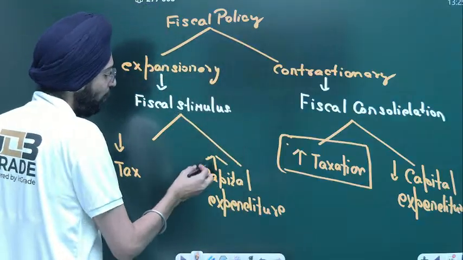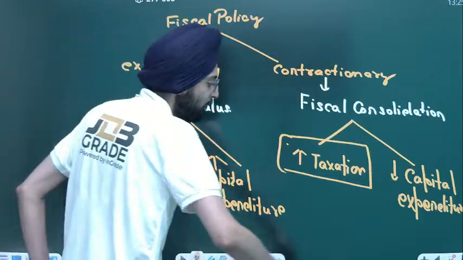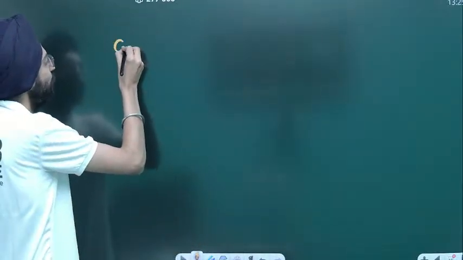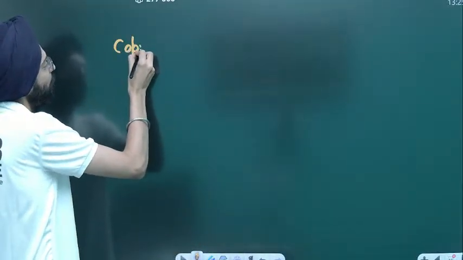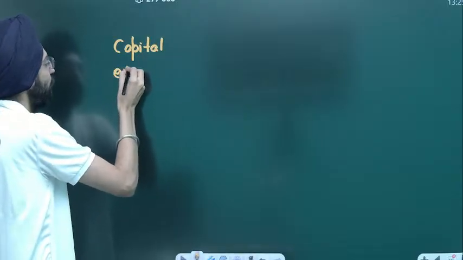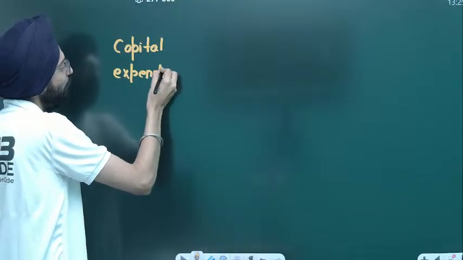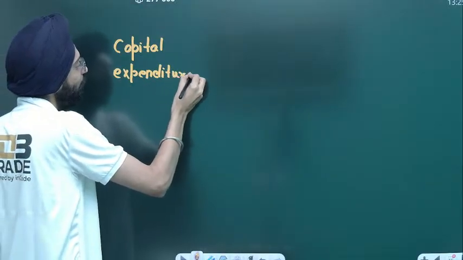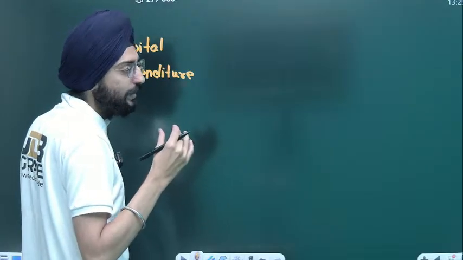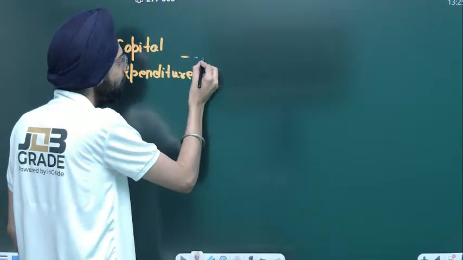Again, when I talk about capital expenditure, what is it? It is a kind of expenditure by the government through which it either increases its assets or decreases its liability.